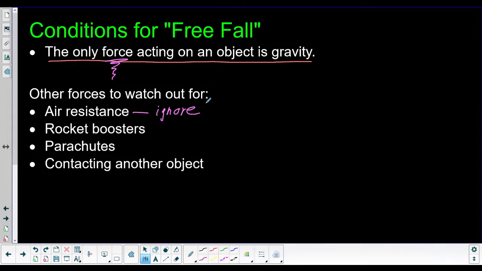So if the problem doesn't specifically say something that means there should be air resistance, like the wind is blowing, or the drag is, you know what I mean? If they don't specifically say something that tells you there has to be air resistance, we assume it's not there.